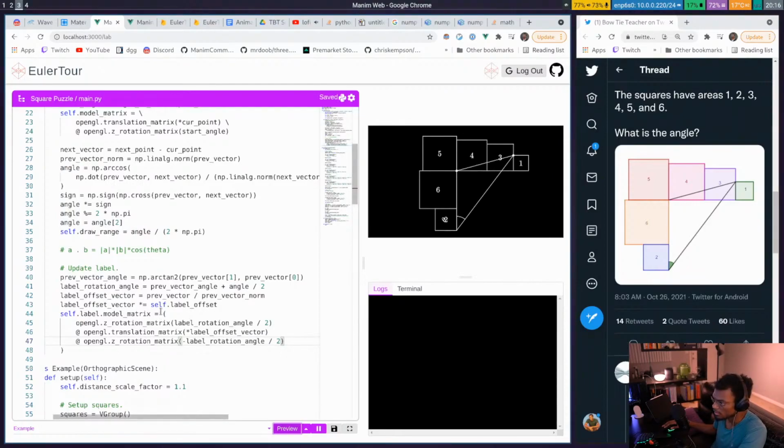Still. A label offset vector. I wonder what this is. Oh, this is an offset along the pre-vector. That's interesting.